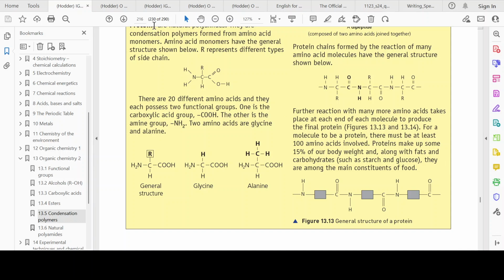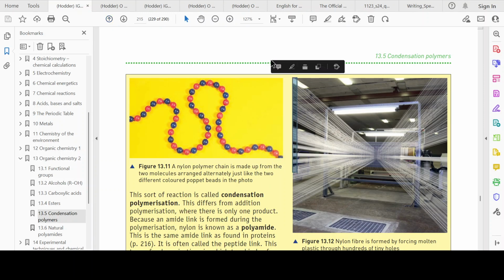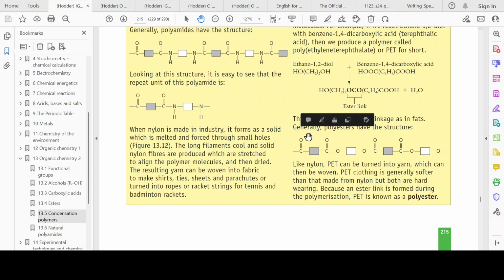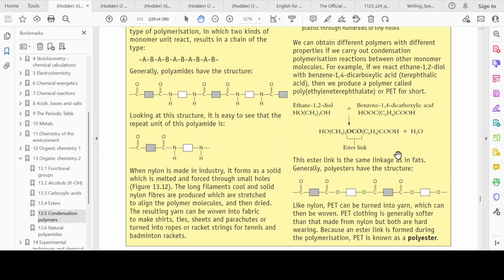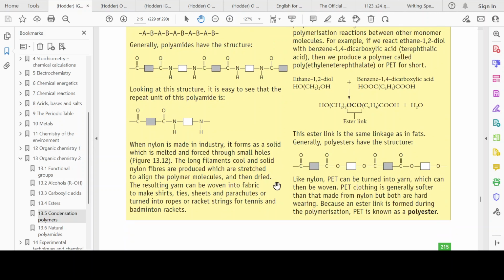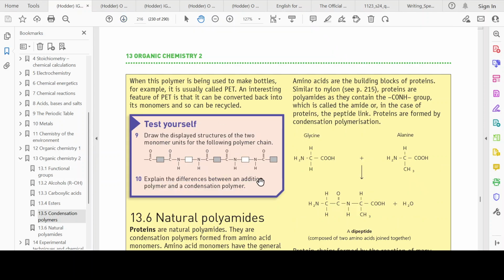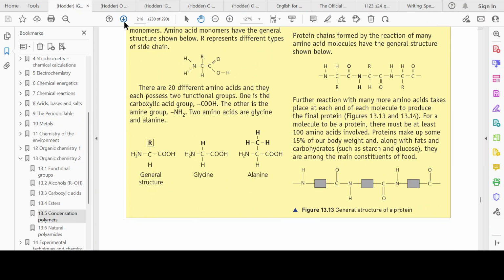And speaking of fats, when we saw the ester link over here, the ester link is also something we come across in fats. Again, the right structure and everything is not part of your syllabus, I believe.